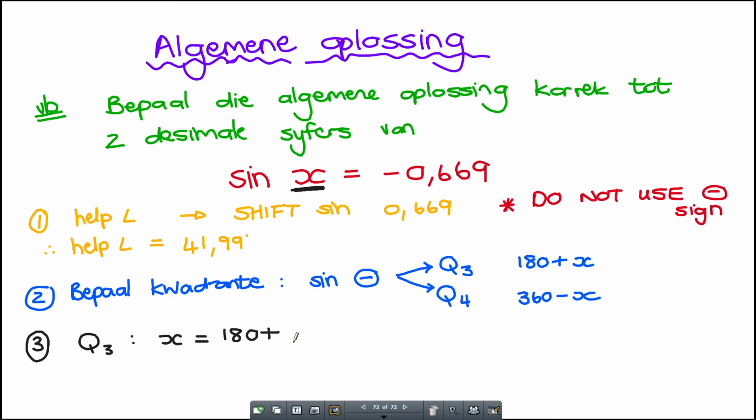So I'm going to use 41,99. Dis hoekom ek julle aan die begin die hulphoekie gaan uitwerk het. So in plaas van x, I use my help angle.